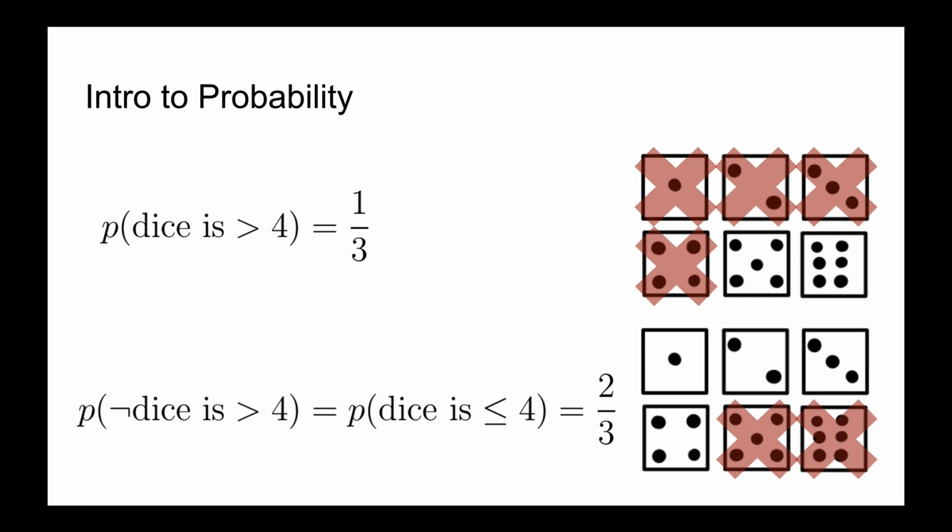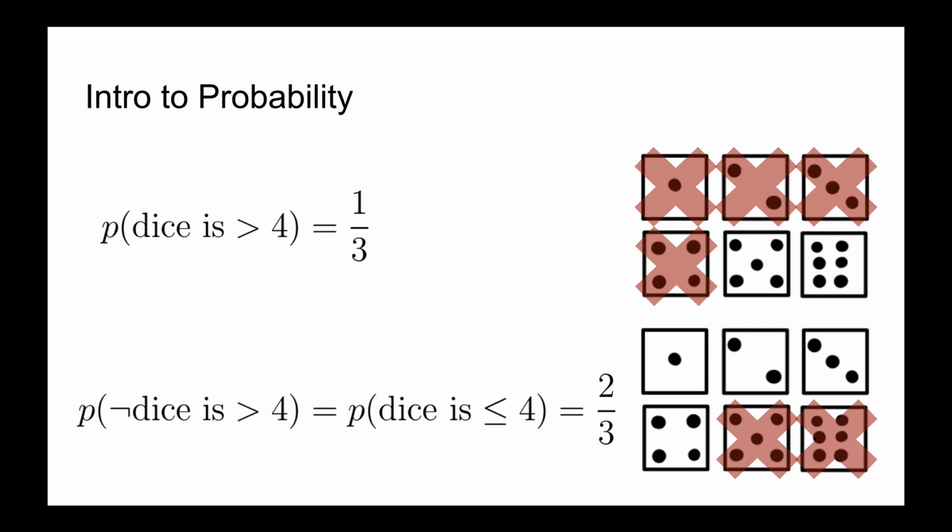Alternatively, if I had something else, I would have to do the 1 minus trick to compute this. But notice that all the math adds up, right? So the probability that a dice is strictly greater than 4 is going to be 1 minus the probability that the dice is not strictly greater than 4. So it's just going to be 1 minus 1/3, and so that would give me 2/3. And again, all of this adds up.